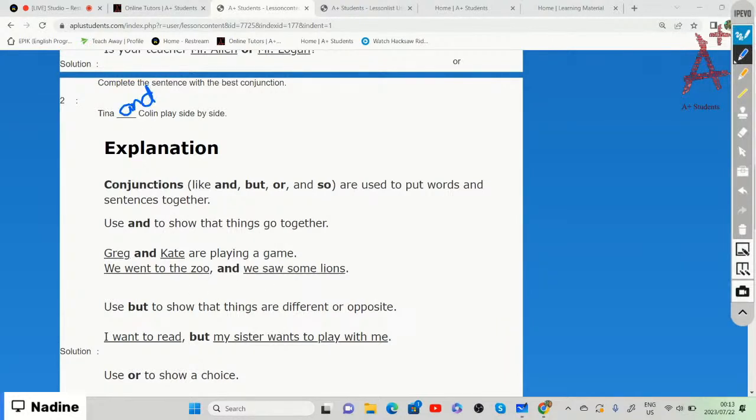And the word and is used to put words and sentences together. For example, Tina and Colin, Greg and Kate. So and is our best possible conjunction to add to that specific sentence.